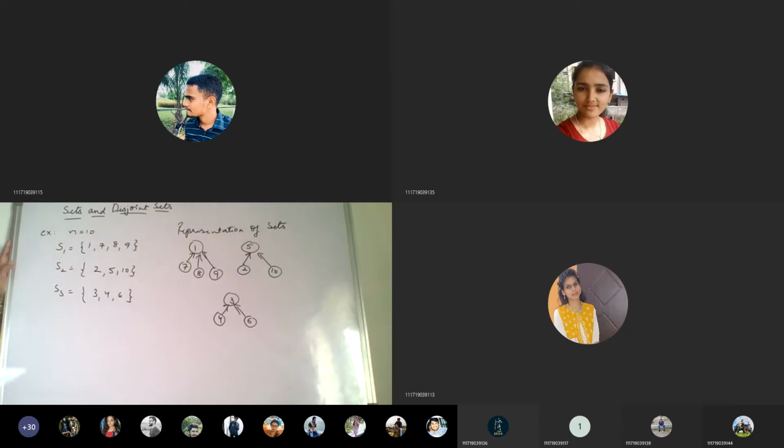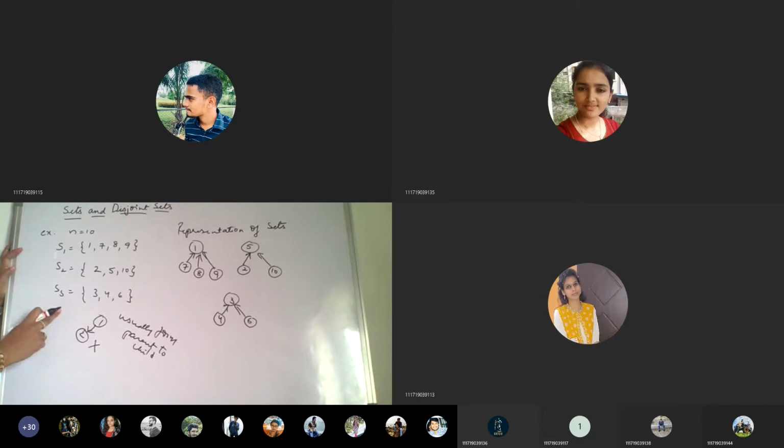So how do we represent sets? Usually we write from parent to child. Suppose 1 is the parent and 2 is the child, so this is how we write. But this usual representation we are not going to take for sets.